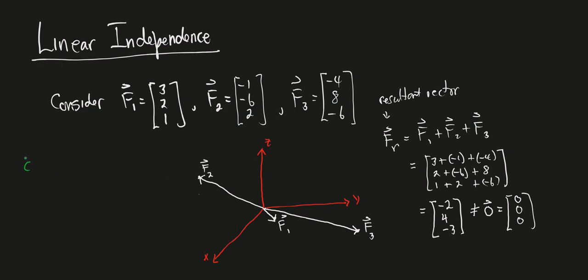if I were to take a constant times F1, depending on what this constant is, I might be making the vector F1 longer or shorter. For instance, if the constant is bigger than 1, then this increases the magnitude and keeps the direction the same.